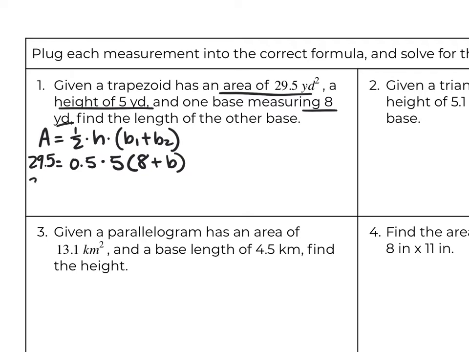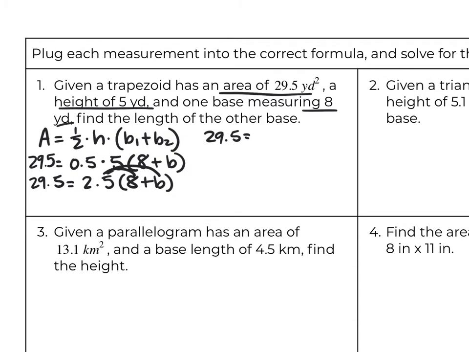All right, and then I need to simplify this right side before I go on. All of this here is multiplication, so I just want to work left to right. So I'm going to do 0.5 times 5, or half of 5, which is 2.5. And then bring this down. I'm going to have to distribute this. Okay, so, kind of running out of space, but move this over here actually.